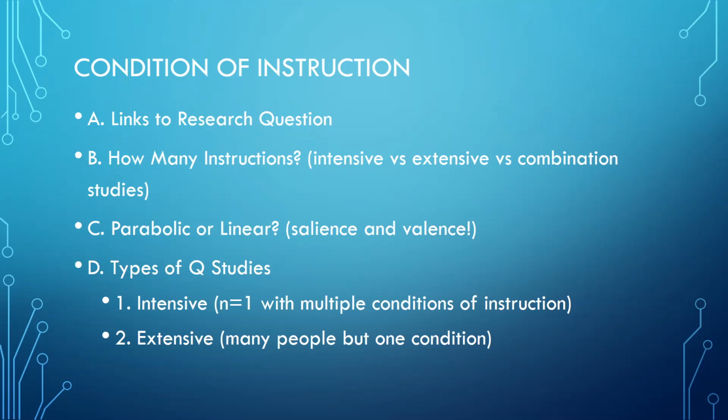So for example, one condition of instruction that I used was, which of these statements is most like you? I know that seems very broad, but my research question is, what is your experience? What are the self-perspectives and the self-descriptions that adolescents have about their emotionality?